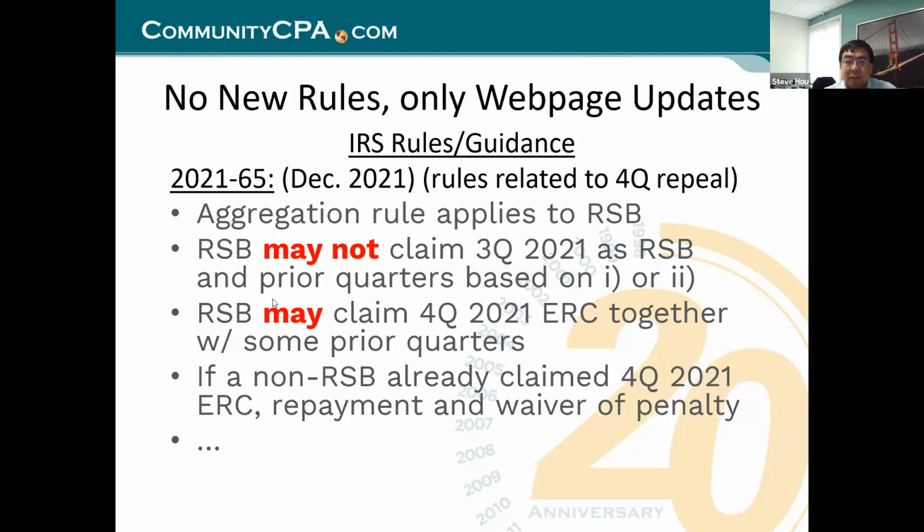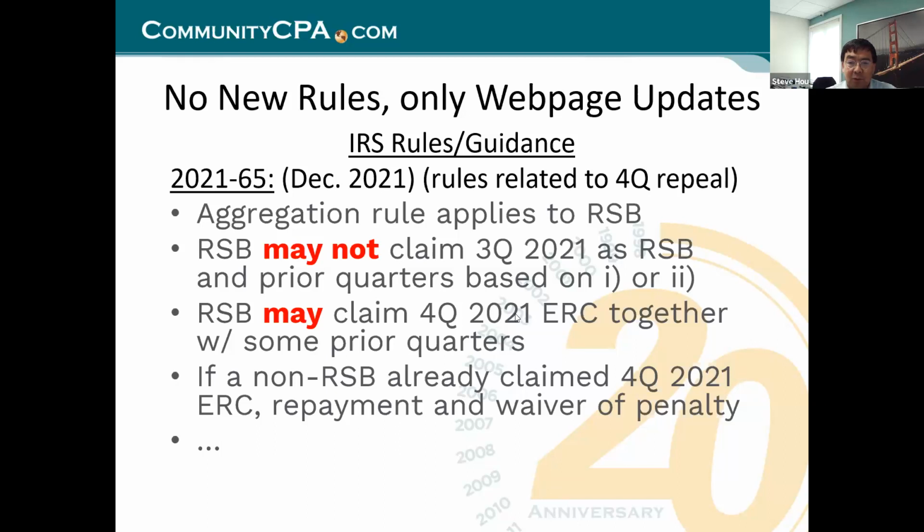Okay, but for the fourth quarter 2021, there is no such restriction. So if we use the same example, let's say in the second quarter of 2021 your business was mandated by a government order to be shut down completely, and so you were eligible to claim an ERC in the second quarter. Then you cannot claim third quarter, because if you claim third quarter, you cannot claim second quarter.